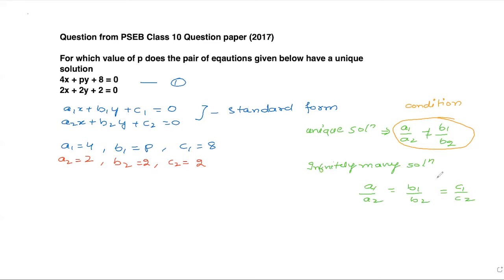If you have infinitely many solutions, this condition should be satisfied. Then the third kind of solution is no solution. In this, the condition is a1 upon a2 equals b1 by b2 should not be equal to c1 upon c2. So these are the three kinds of solutions that we see when we solve linear equations.